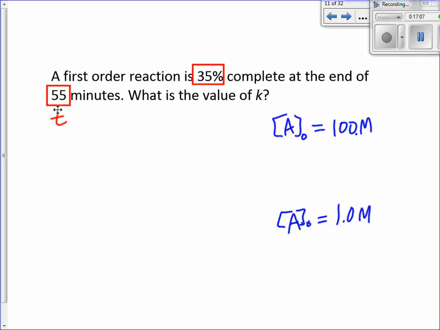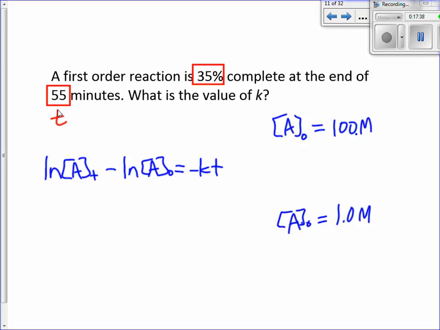Okay. All right, so what's our equation again that we're going to work with? Half-life equals 0.693 over K. We're looking for K. We don't have the half-life, so we can't use that one. Natural log of A at time t equals negative K t plus natural log of the initial.